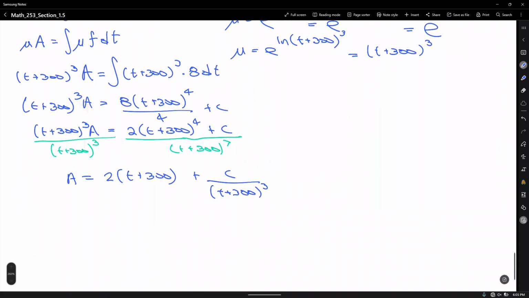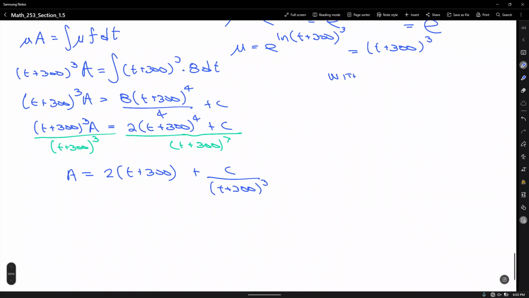So this means A of 0 equals 40, because initially in the tank, along with the 300 gallons of water, there are 40 pounds of salt. Okay, substitute A equals 40, and that equals 2 times (0 plus 300) plus C over (0 plus 300) cubed.